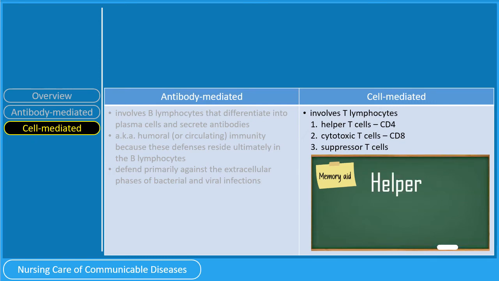So just write the word helper and then superimpose the number 4 on the letter H, forming now your mnemonic for helper T cells or the CD4. For cytotoxic, write the word cytotoxic and then scribble as shown on the slide until you form the number 8. So CD8 cytotoxic T cells.